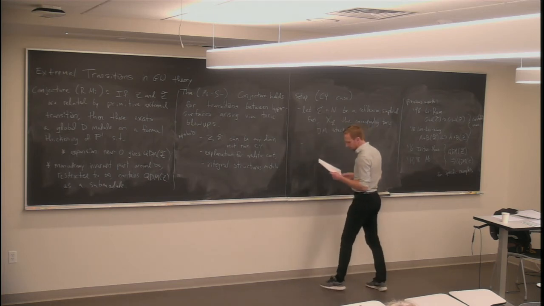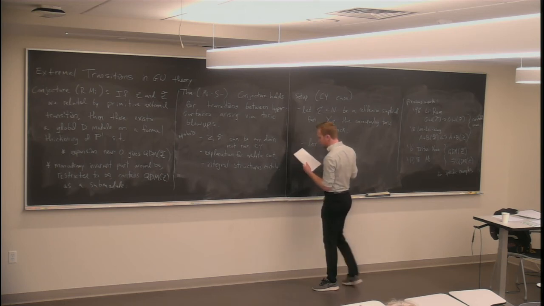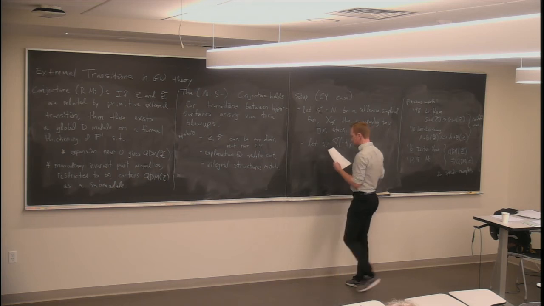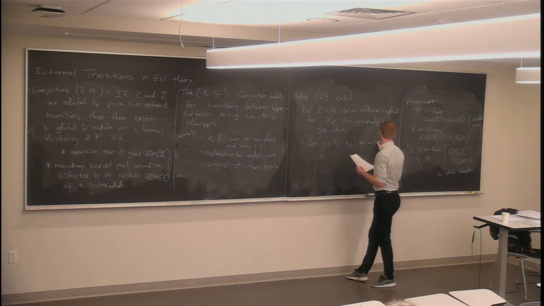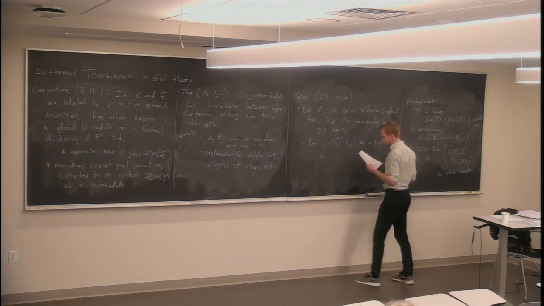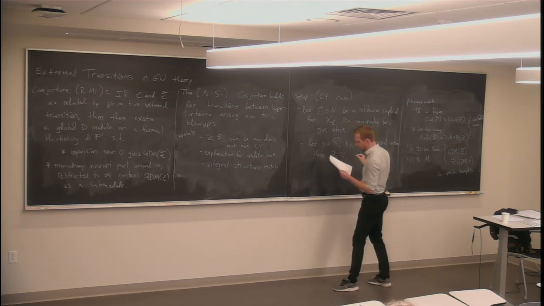And what this reflexive condition gives me is that if I take a general section of the anti-canonical, its zero locus is going to be a smooth Calabi-Yau.